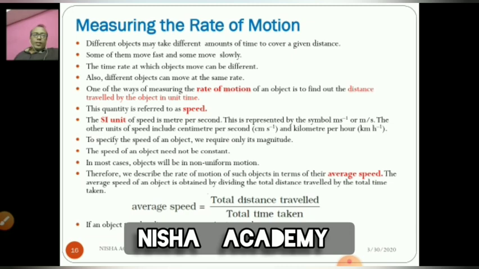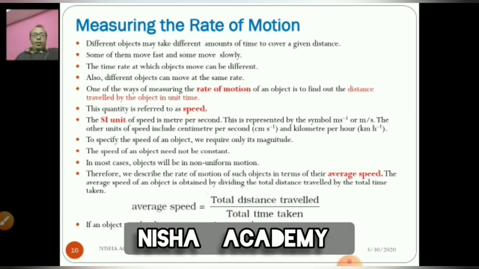How can we measure the rate of motion? We have observed that different objects take different amounts of time to cover a given distance. Some of them move fast and some move slowly. The time rate at which objects move can be different.